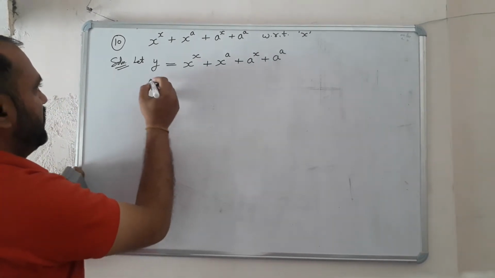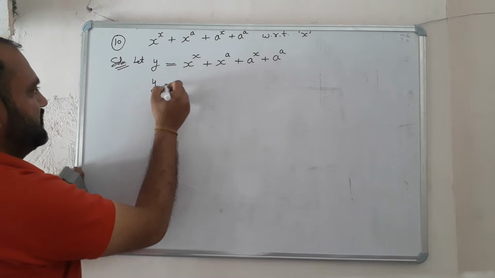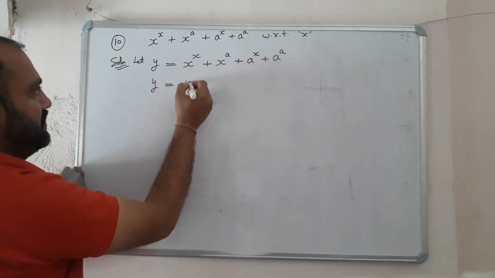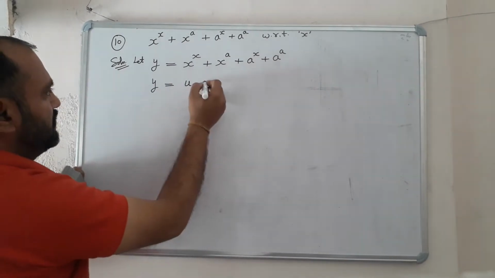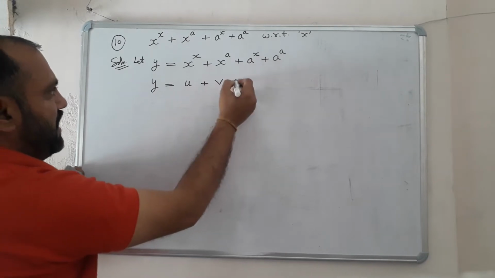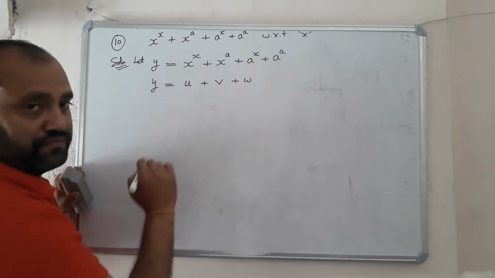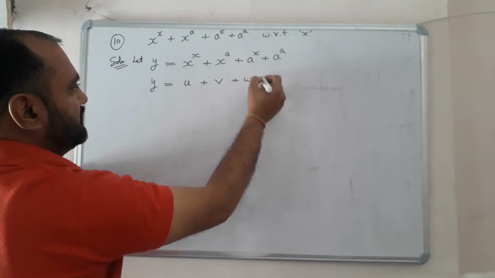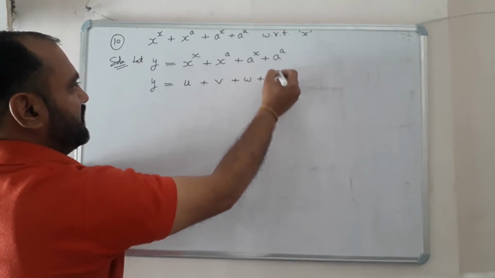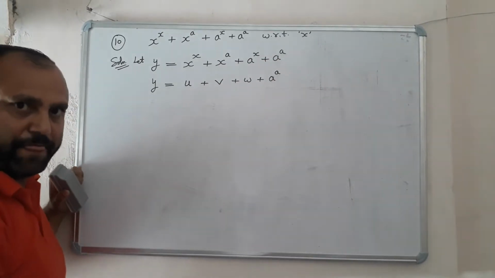Now let us consider this as u, this as v, and this as w, and this is a raised to the power a.